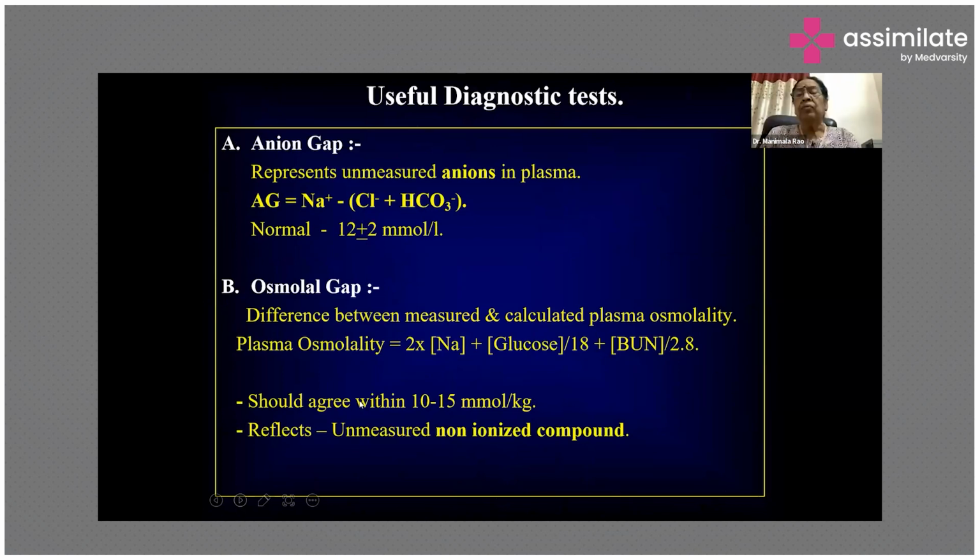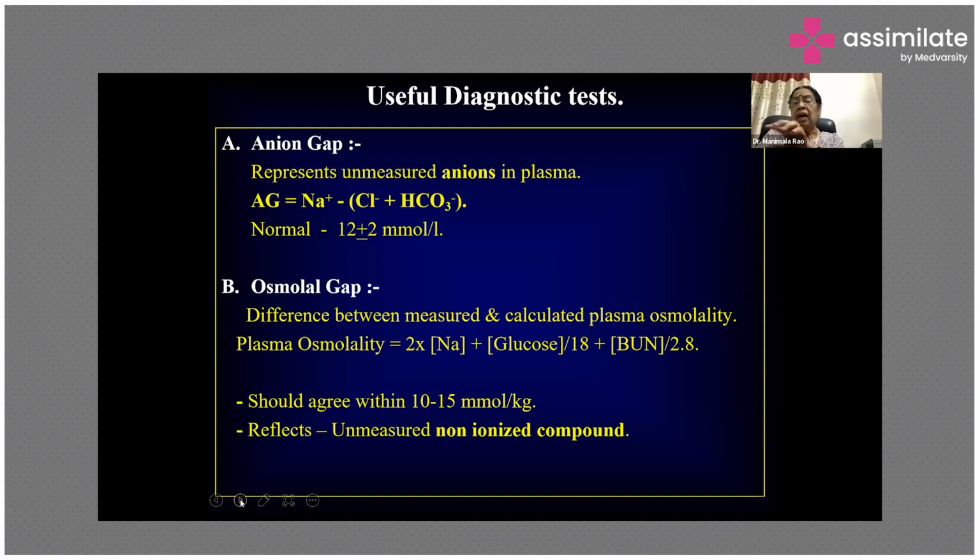So what is anion gap? I told you. Then the other one is the osmolar gap. What is the normal osmolarity? You know, about 300, something like that. When you have plasma osmolarity, usually we calculate 2 into sodium plus glucose by 18 plus BUN by 2.8. This is usually calculated and should agree within about 10 to 15 millimoles per liter.